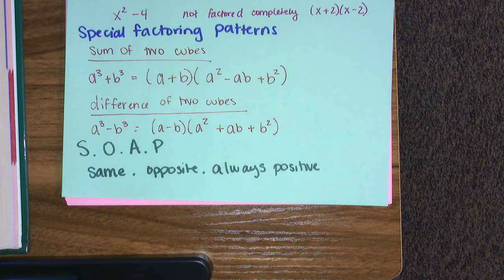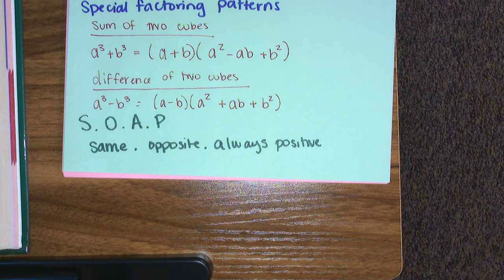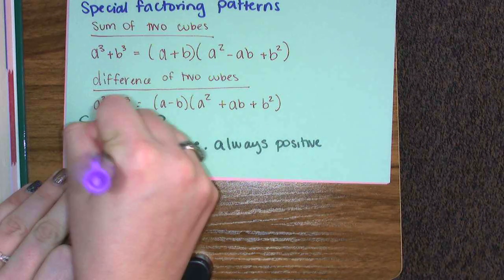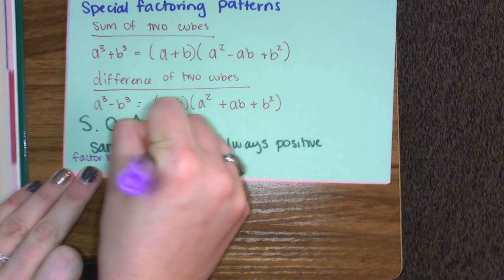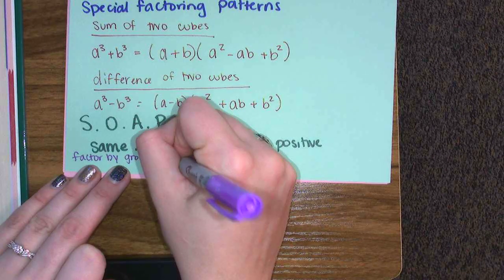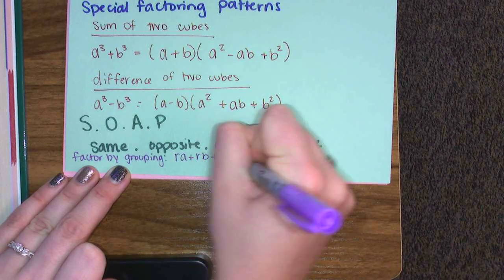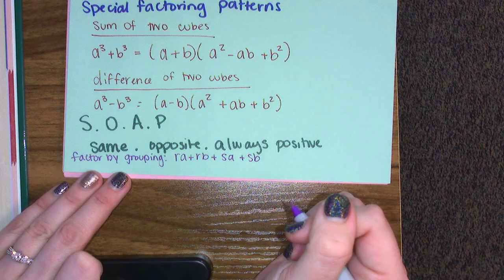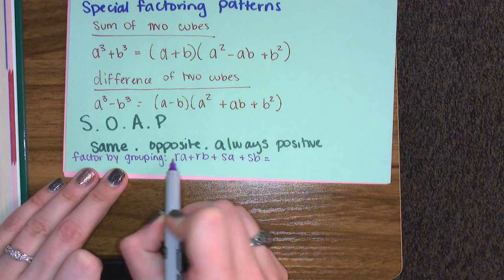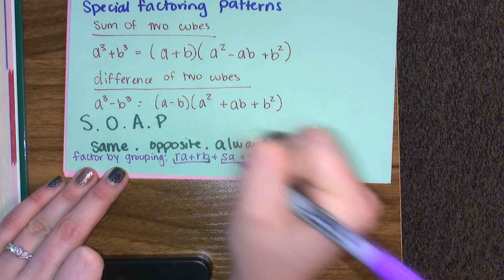Alright, and we have one last thing that I'm going to try to just fit here at the bottom. Factor by grouping. I think we've done this before, or you should have done it at least in Algebra 1. So if you have something like ra plus rb plus sa plus sb, factor by grouping basically just means group two things together and pull out something they have in common.